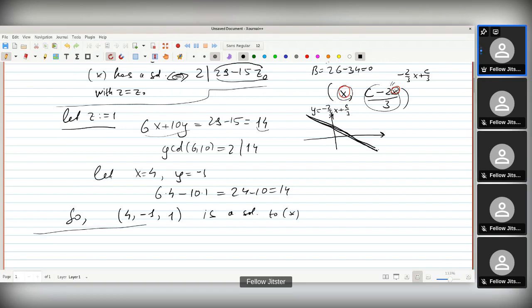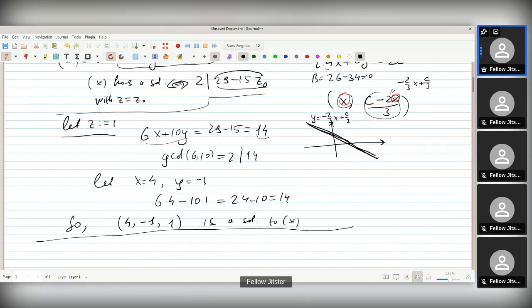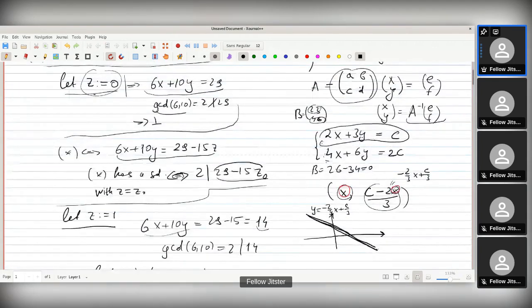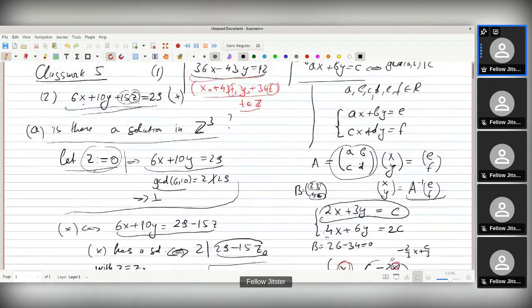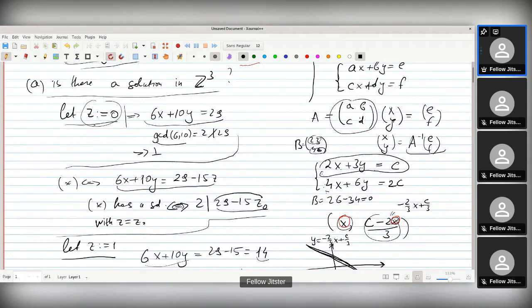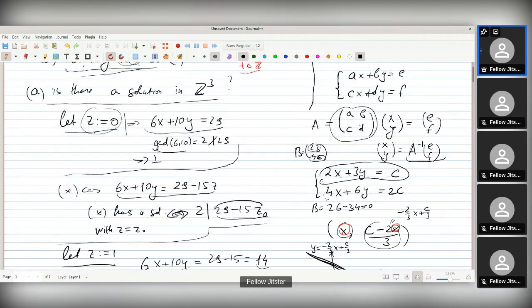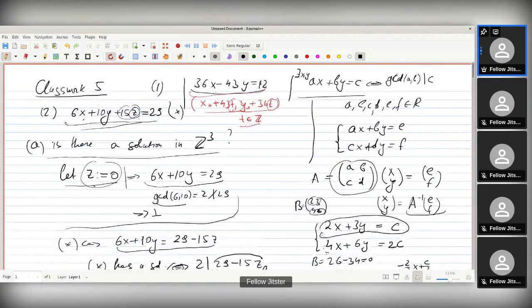So there is a solution, and it is not that hard to find all possible solutions. They will comprise a two-dimensional subspace, a plane in three-dimensional space. Of course, only integer points count here. Is it clear?